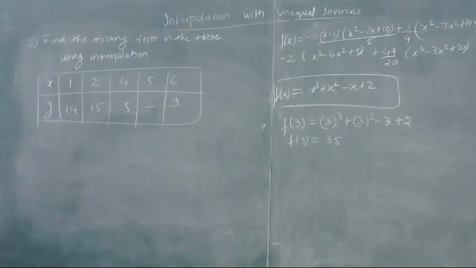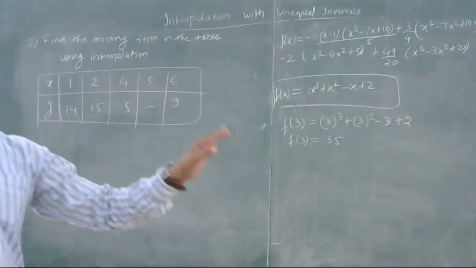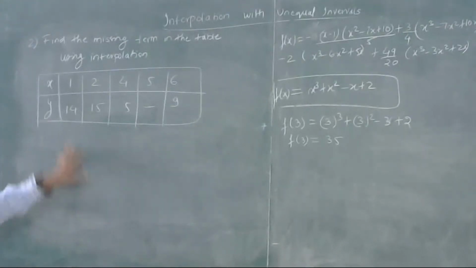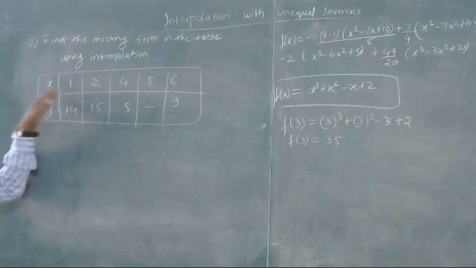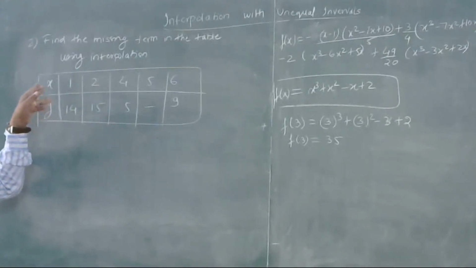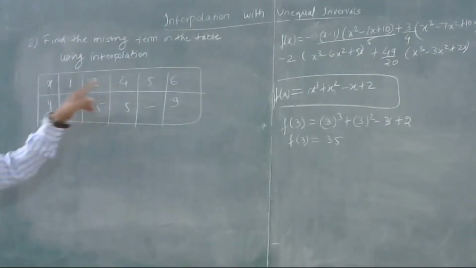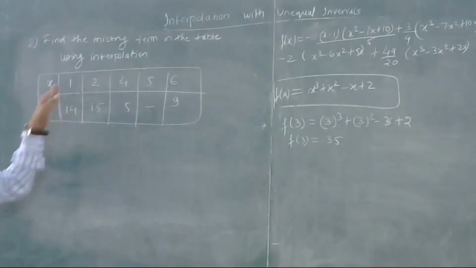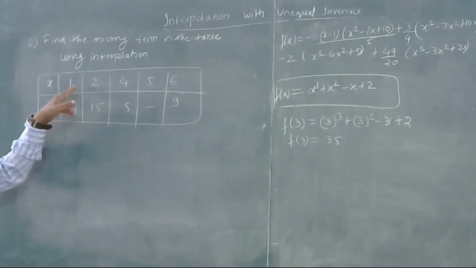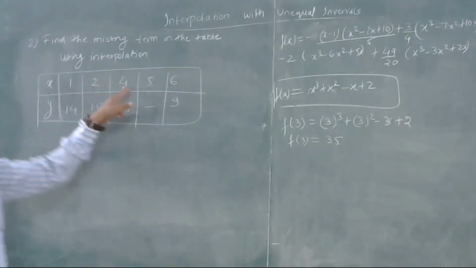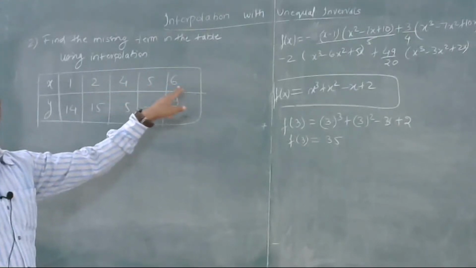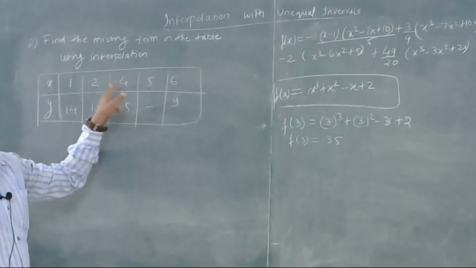Okay, so whenever this type of question is given in the exam, first you have to find whether this interval of x is equal or unequal. Okay, so in this case it is 1, 2, 4, 5 and 6. Here 3 is missing.